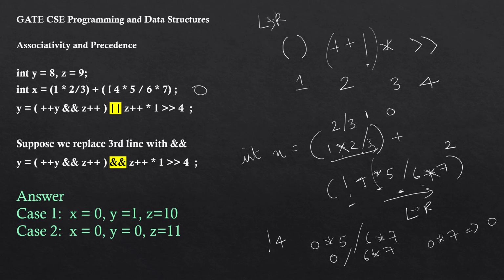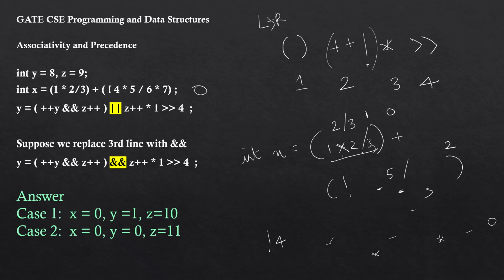Okay, now next. So you must be seeing there is this highlight, right? This OR and AND. Now when you evaluate it, did you get z as 10, z as 11? Maybe not. So you must be wondering how these two lines are different.